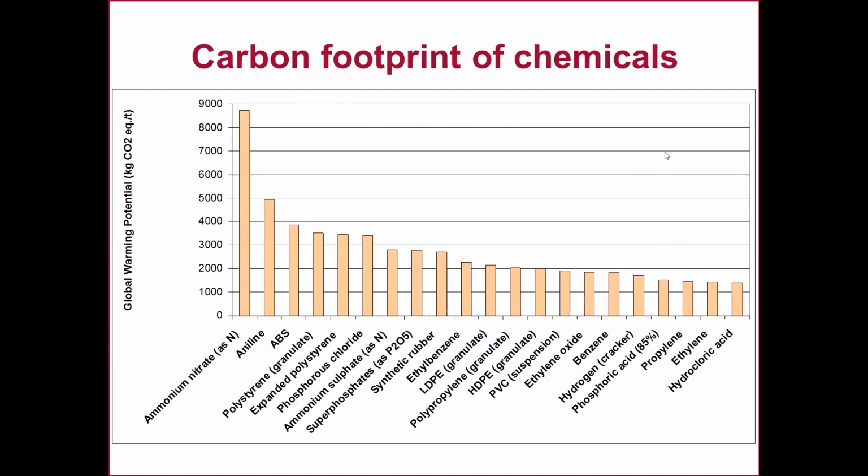This slide shows the carbon footprint of some commonly used chemicals. Carbon footprint impact could vary from 1 ton per ton of the substance to even 9 tons. In the case of, for example, nitrogen fertilizer, ammonium nitrate, I have about 9 tons per ton of impact. But other basic chemicals, because they require less processing, have lower impacts, such as ethylene, propylene, or hydrochloric acid.